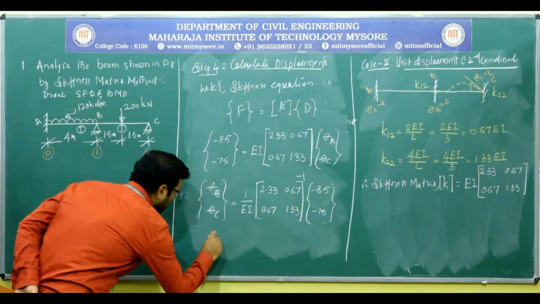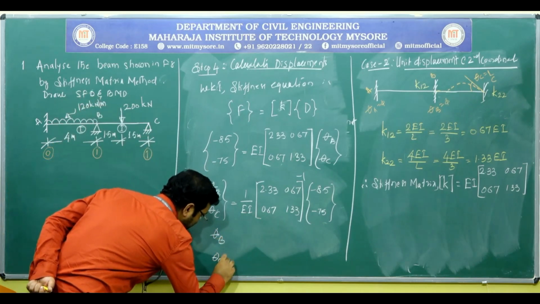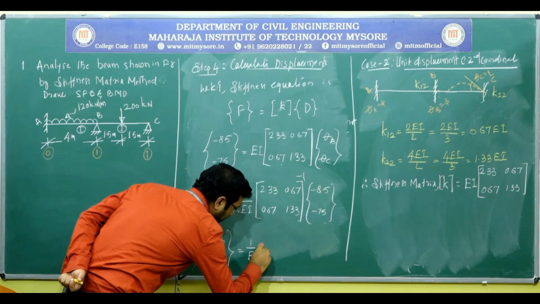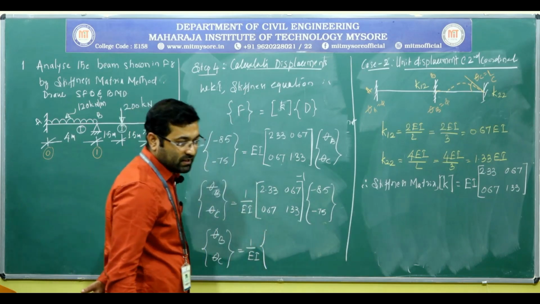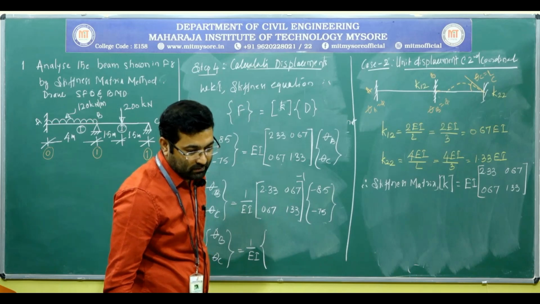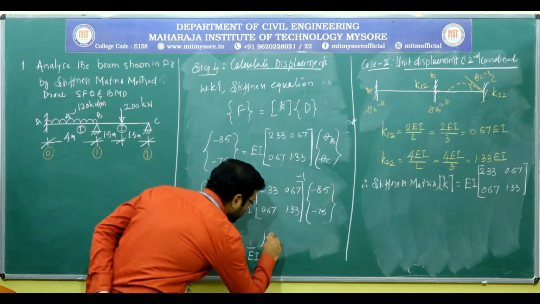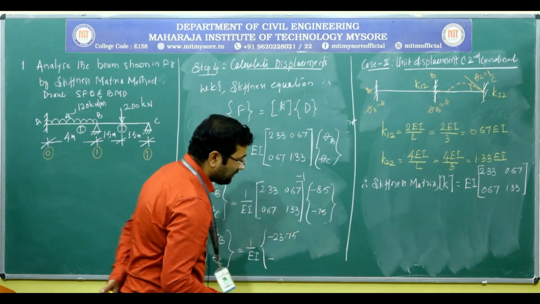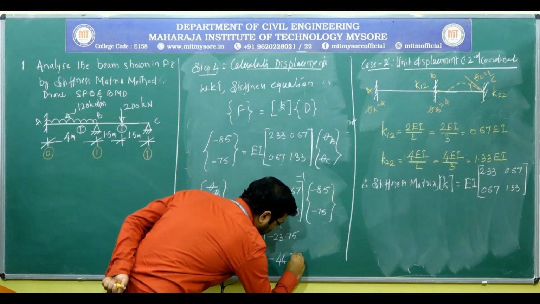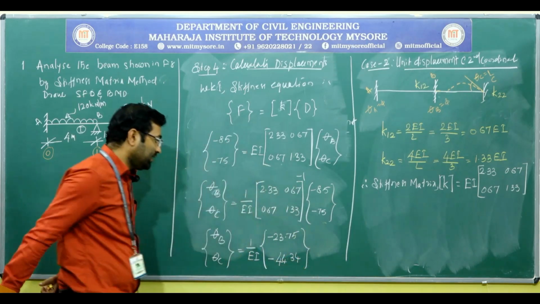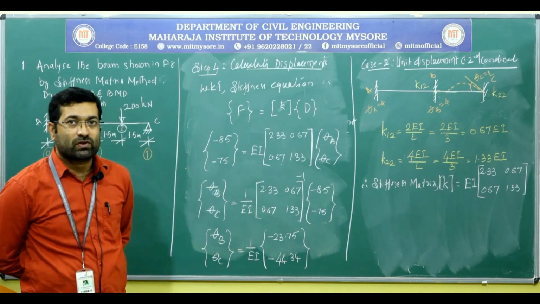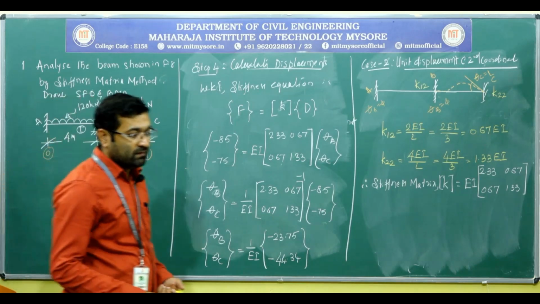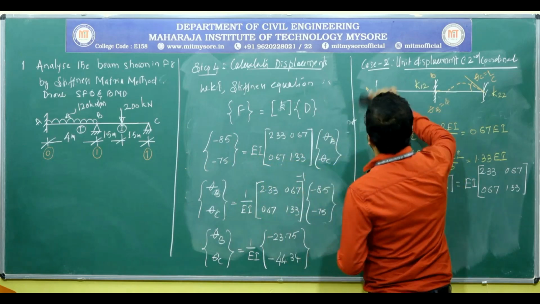If you do that, you will get theta B and theta C as 1 by EI into minus 23.75 and minus 44.34. So these are the displacements or the rotations at the B and C joints. Now based on this, we will be able to determine the final end moments.